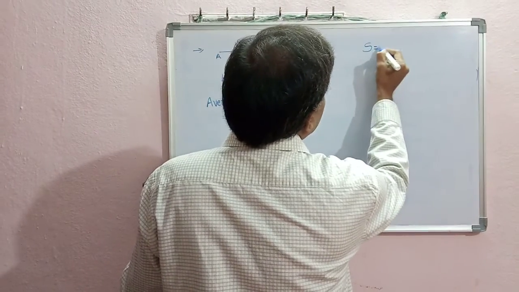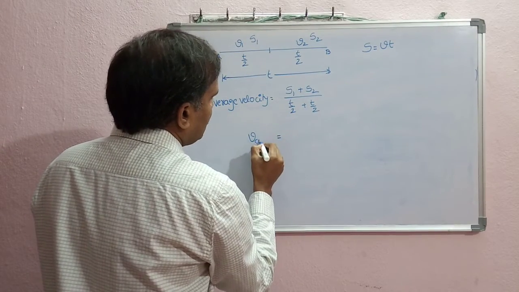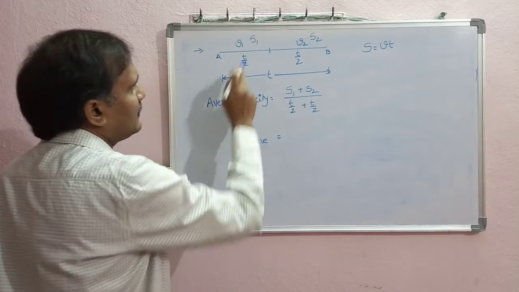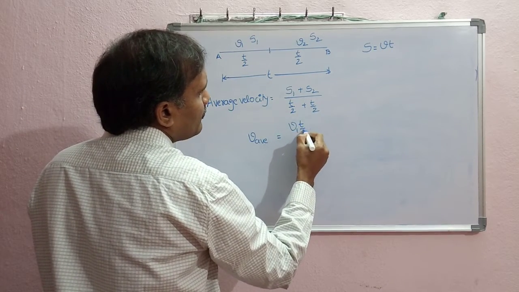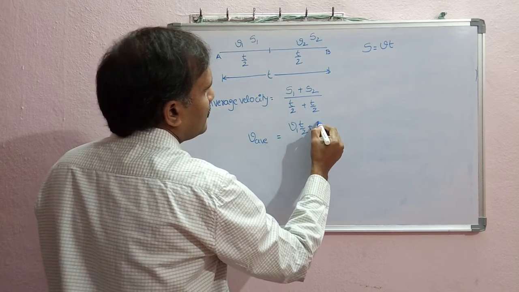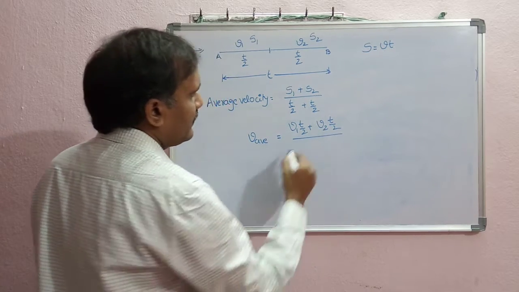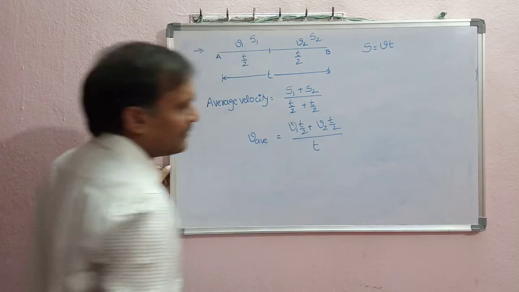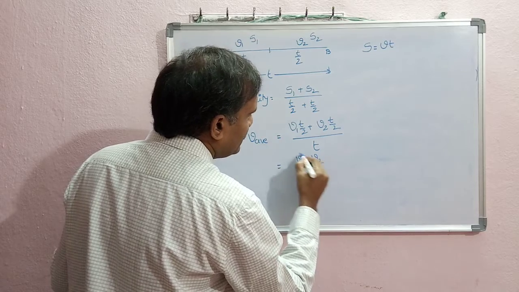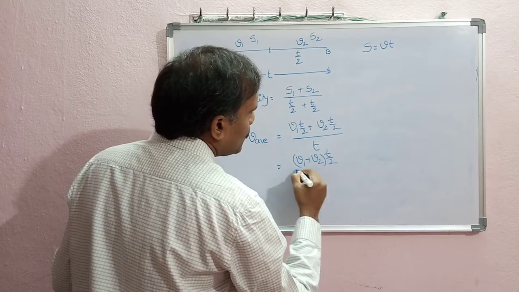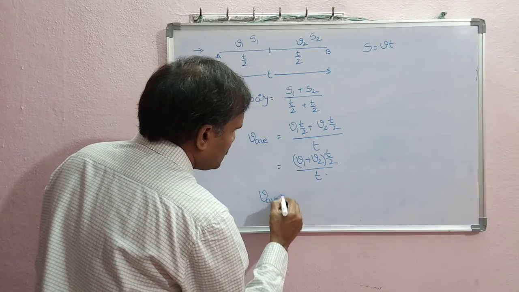Already we know the formula, s is equal to v into t. Therefore, average velocity is equal to s1, nothing but V1 into t by 2, plus s2, nothing but V2 into t by 2, divided by t. t by 2 plus t by 2 becomes t, or it is equal to V1 plus V2 into t by 2 whole divided by t, or V average is equal to how much?